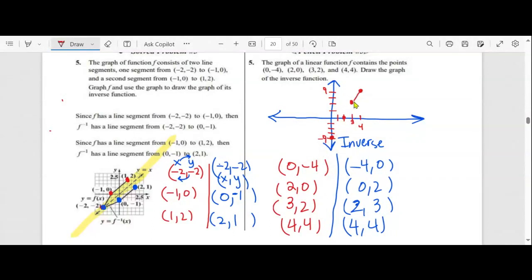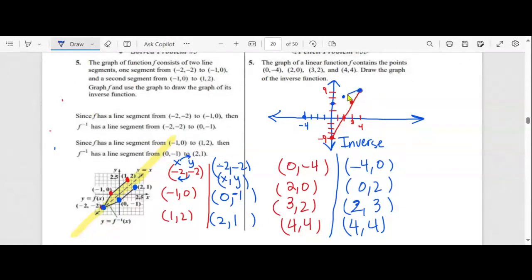Okay, just like it looks like a straight line. Okay, now what is the inverse? It's going to be what? -4 and 0. 0 and 2. 2 and 3. 4 and 4.